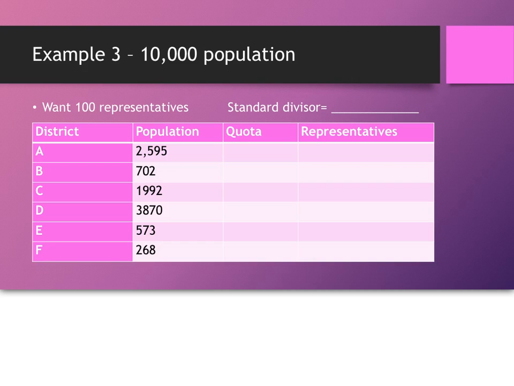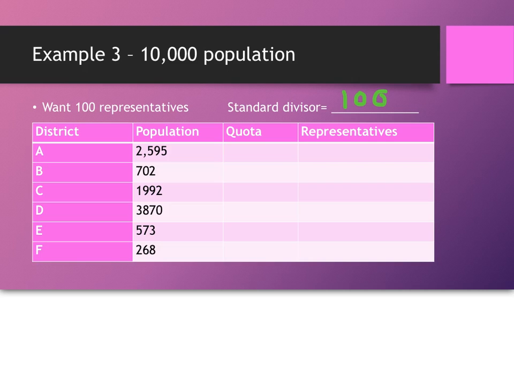All right, so hopefully you've had a chance to do that on your own. I'm going to do this very quickly, mostly just so you can check your work. So we have 10,000 people and 100 representatives. That means the standard divisor is going to be 100. Let me write that down.